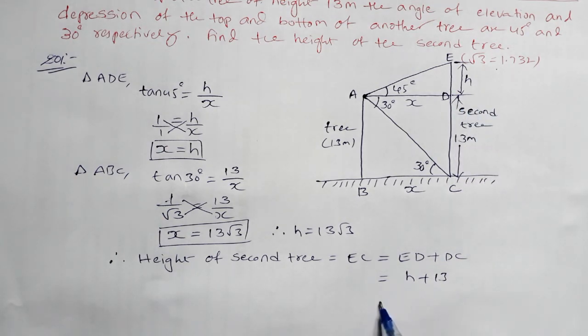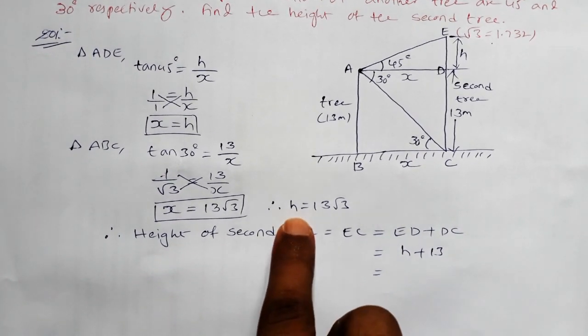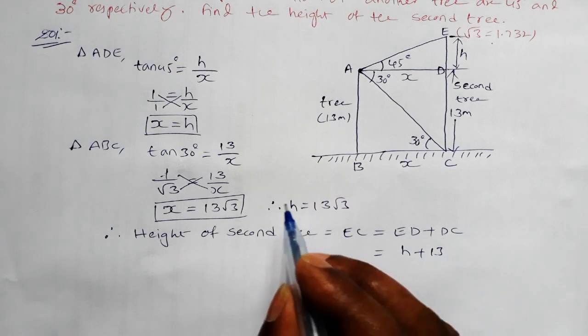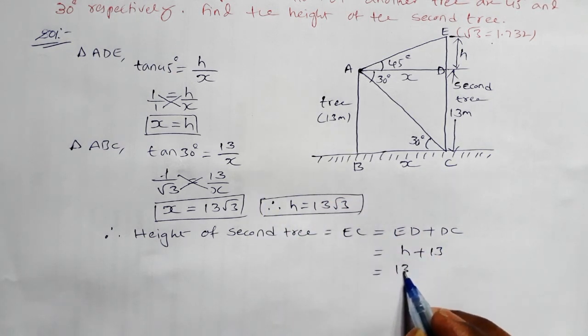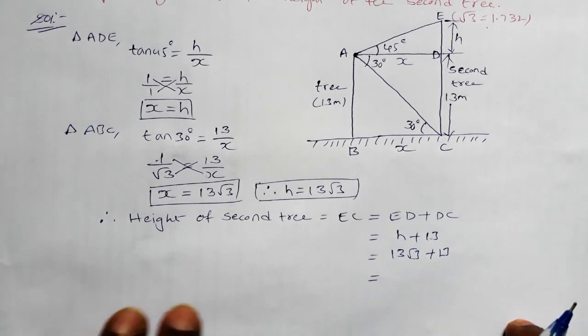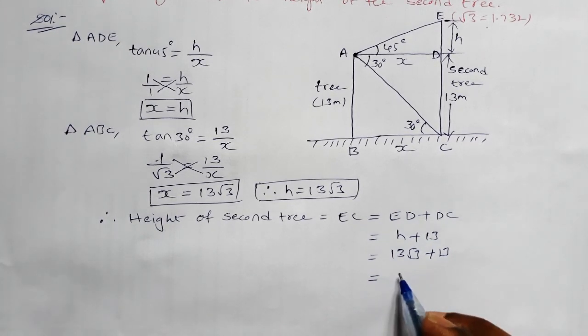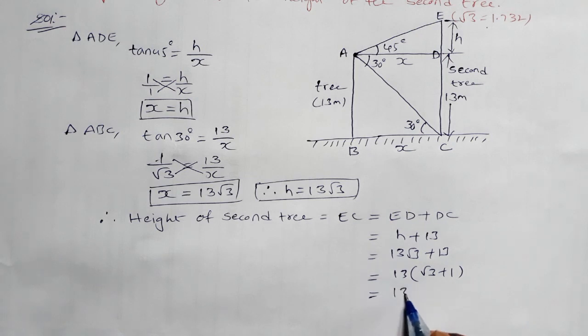H answer we just got, H is 13 root 3. So 13 root 3 plus 13. Next what we have to do, take 13 common: 13 times root 3 plus 1.